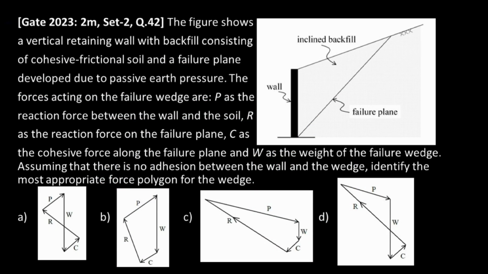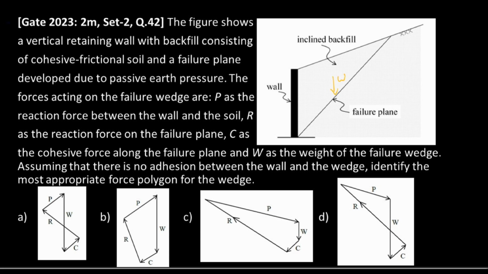In this question, they have asked us to find out the force distribution diagram. So if you see the diagram, the weight of the wedge will be acting downwards, and the cohesive force will be acting along the failure plane, which is C, and P is the reaction force between the wall and the soil.